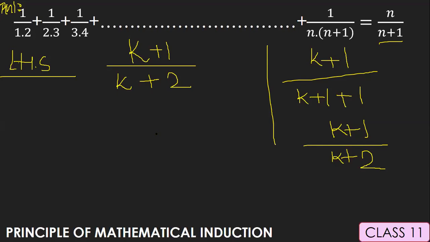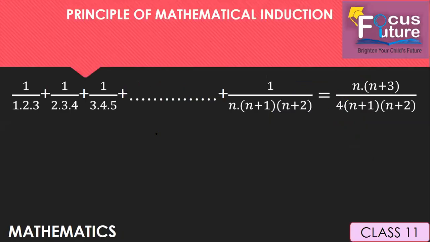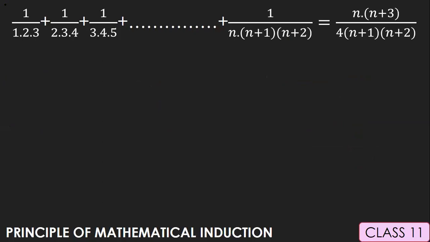Now, let us proceed to our next problem. So this is our problem statement, and let us assume this to be Pn. Now you need to check for n is equal to 1.